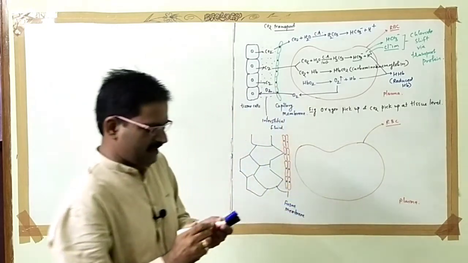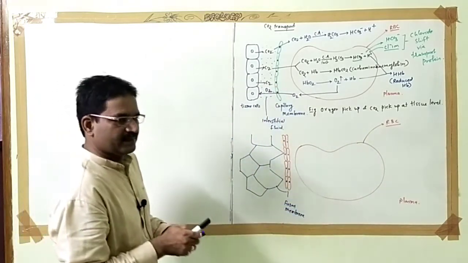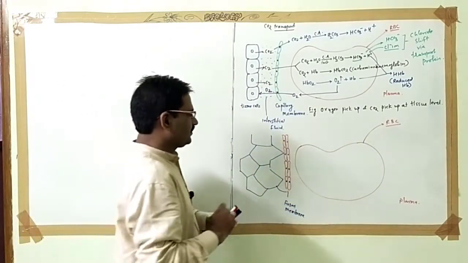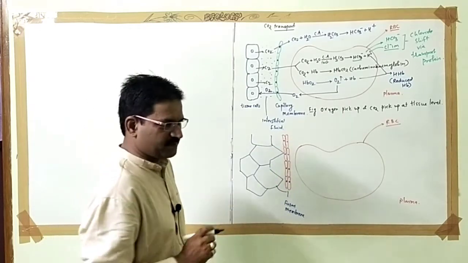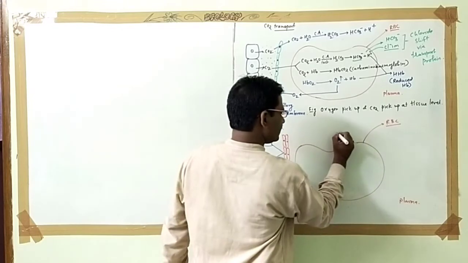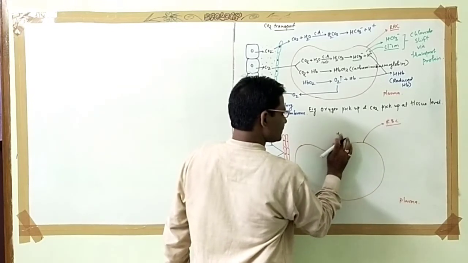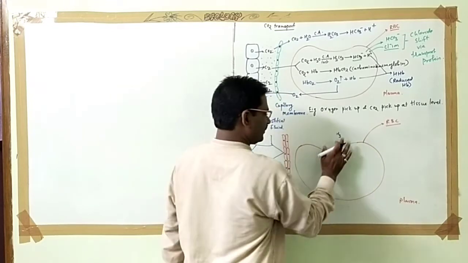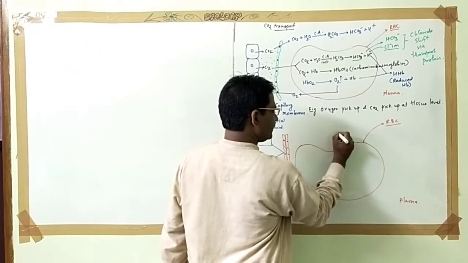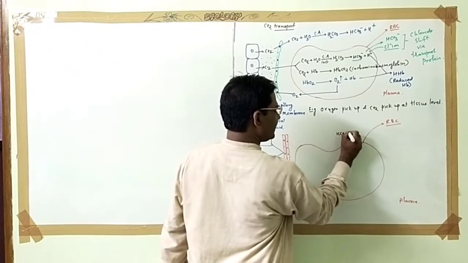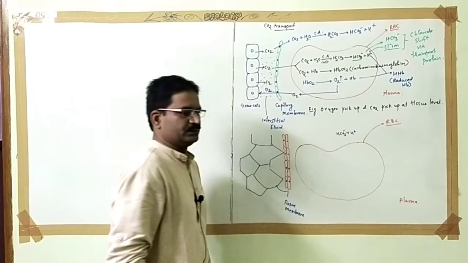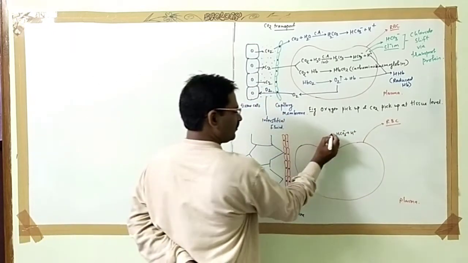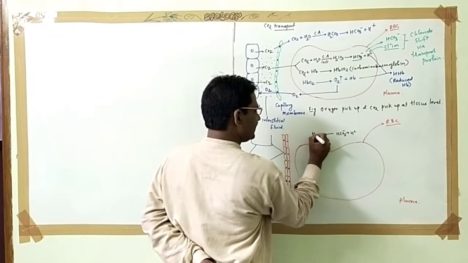Okay. Now the reversal process is there. What happens? Outside the RBCs, means in plasma, what happens? Bicarbonate ion, HCO3 negative plus H plus, forms carbonic acid.